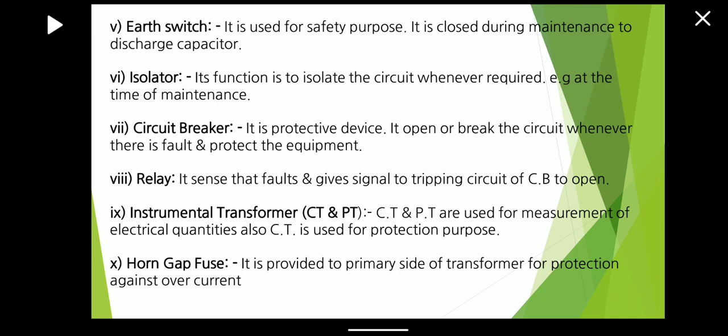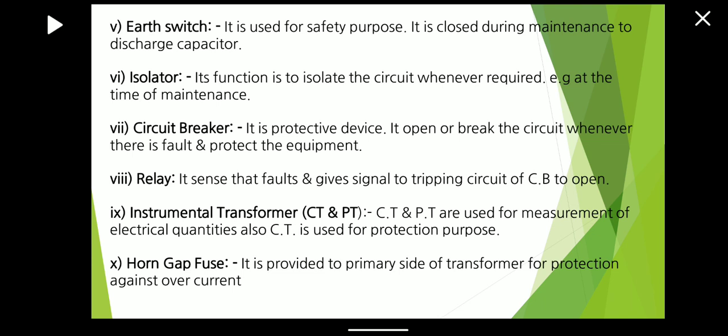Then instrument transformers. Instrument transformers have 2 types, CT and PT, current transformer and potential transformer. These are used for the measurement of electrical quantities. For example, CT is used for current measurement and PT for potential measurement, and these 2 instruments are used for protection purposes also.